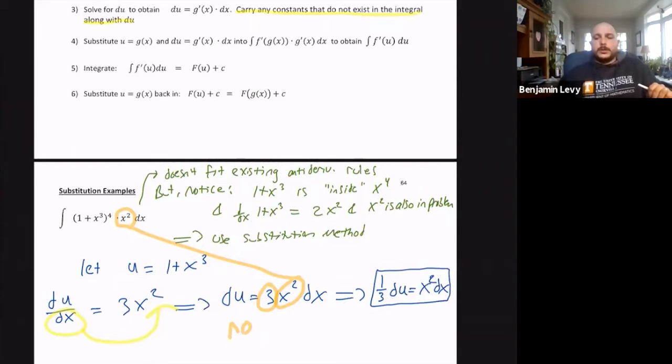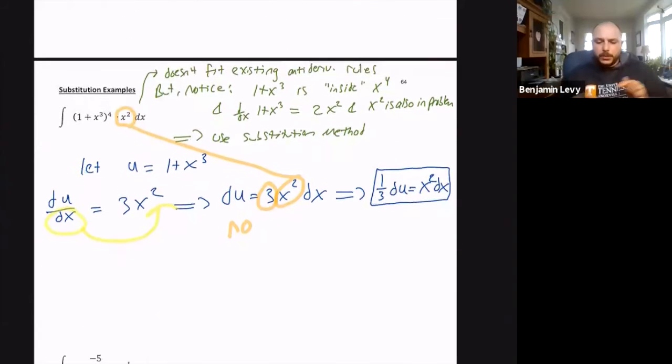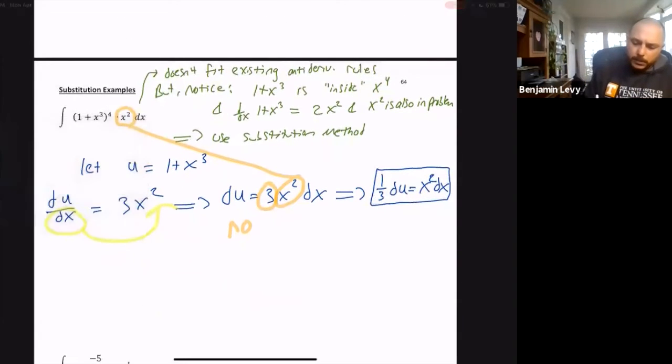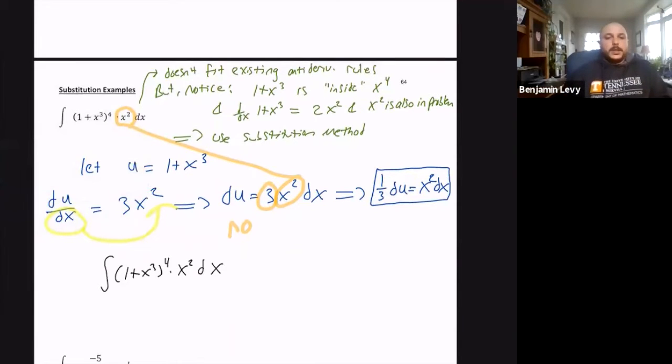So let's do step 4. Step 4 says substitute in u and du. And here's what I mean by that. So I'm going to rewrite my original problem. And the idea is, based on the work we just did, I can take 1 plus x cubed and replace it with u.